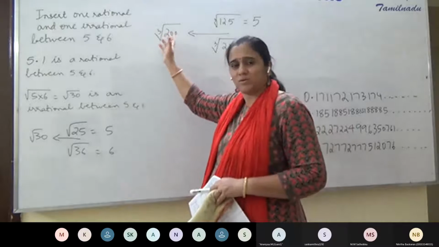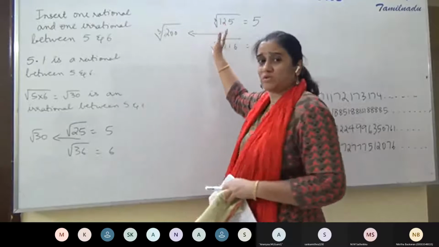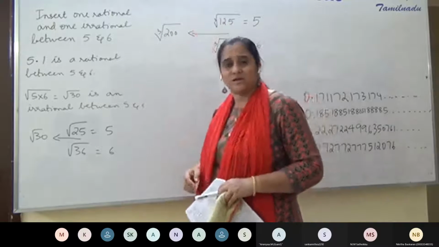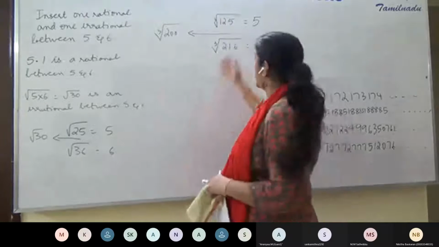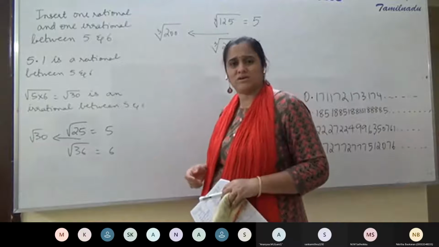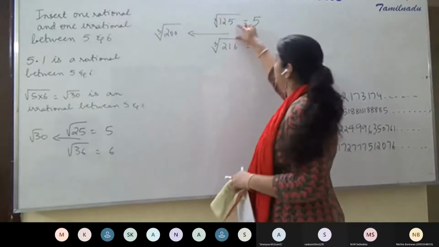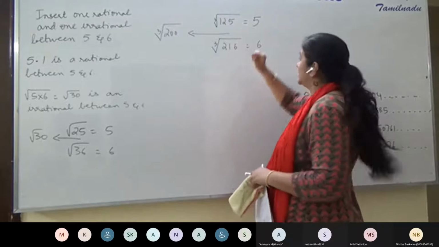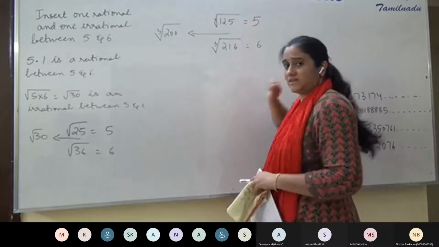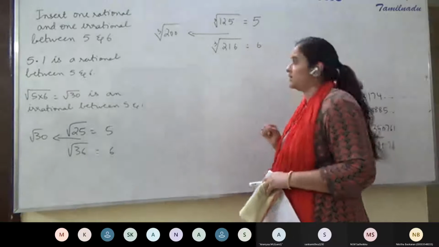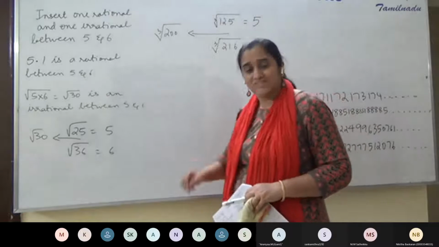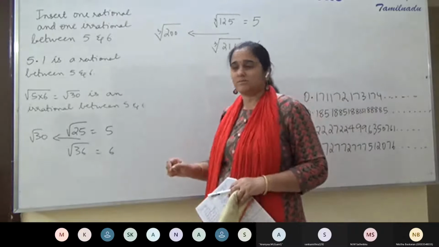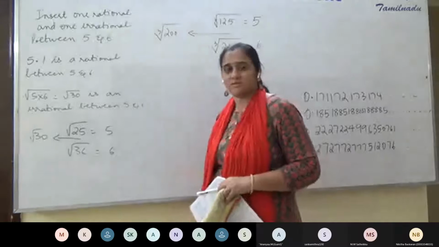There are so many you can give: cube root of 126, cube root of 127, cube root of 128, cube root of 200, 201. You're sure that they lie between these two. So cube root of 200 is an irrational number between 5 and 6.